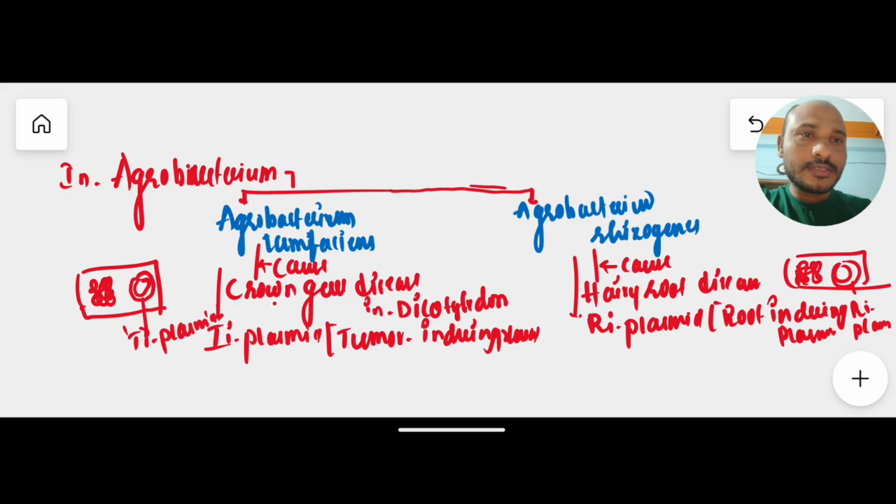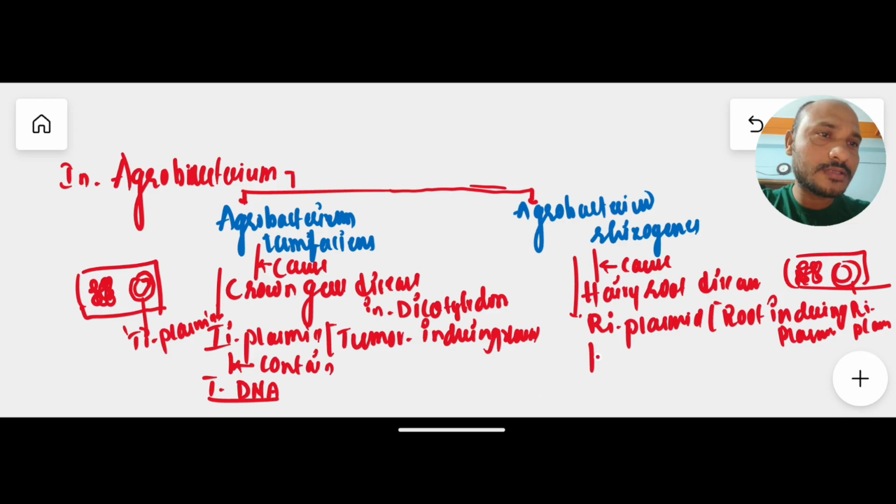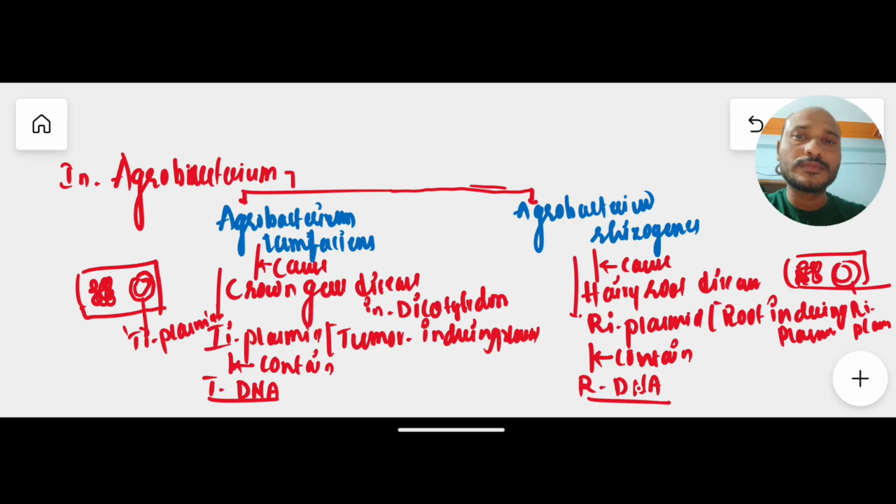Now this Ti plasmid contains tDNA, transferred DNA, and the Ri plasmid also contains a DNA called rDNA. This tDNA is very important.